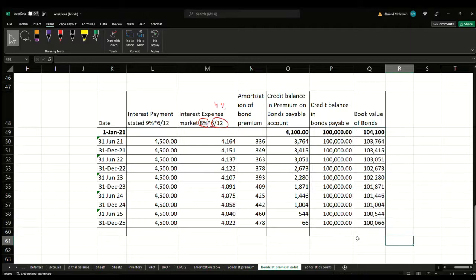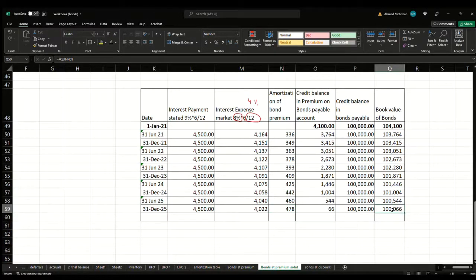Here it is. Now that we've rounded it up, we can see that there is a 66 rounding error or difference, and this rounding error can be just inputted or reduced from interest expense. We're going to reduce the interest expense because we're using only Excel to make this calculation. If we use more accurate financial calculators, this error is not going to occur.